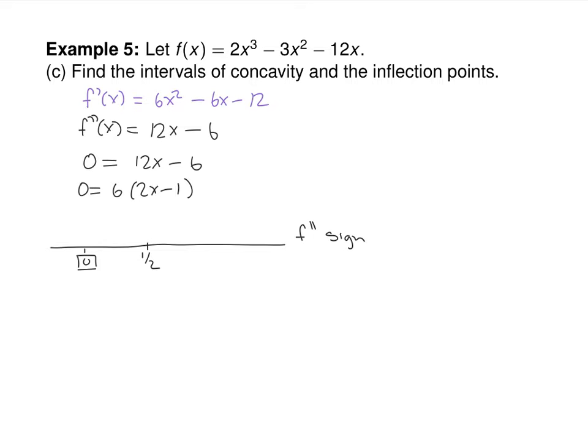Negative. 2 times 0 is definitely 0. It's okay. If you plug in 1, 2 times 1 is 2, then we're going to have positive, right?